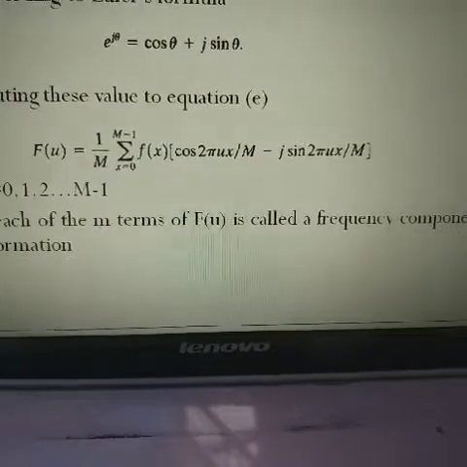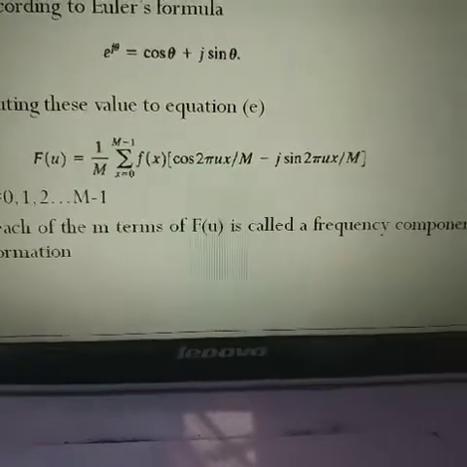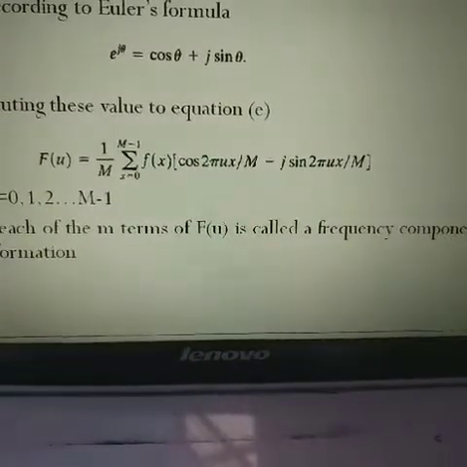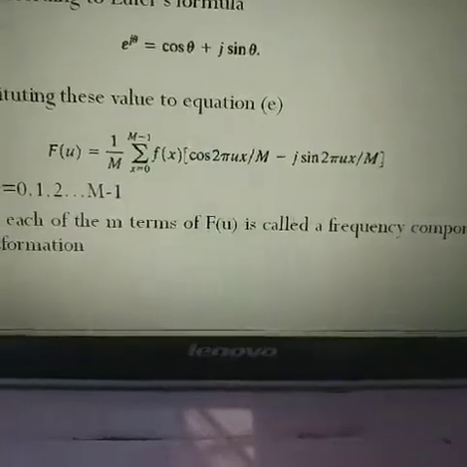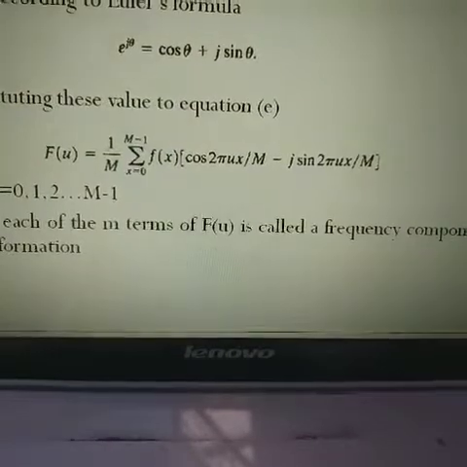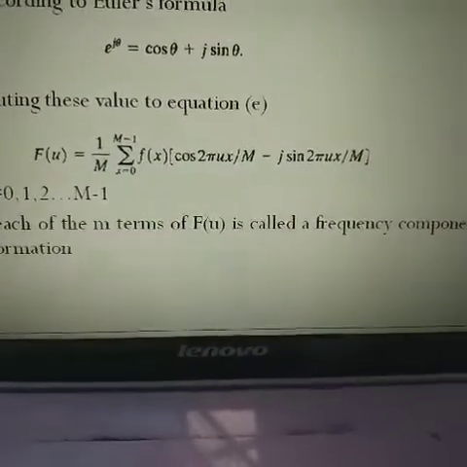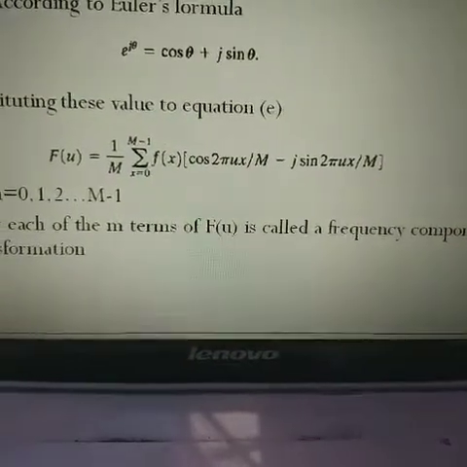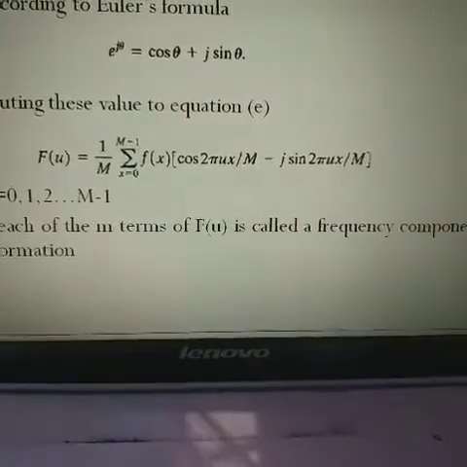So when we have the value of u equal to 0, we get different results when x equals 0, 1, 2, 3, 4, 5 and so on, and then again we get the value of u equals 1.